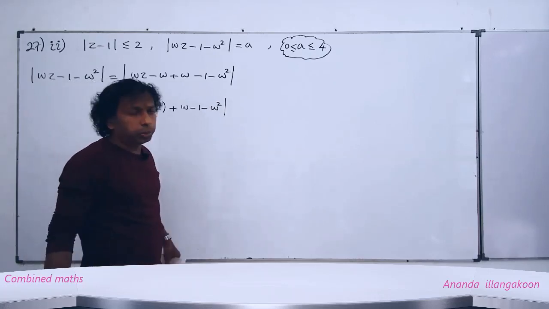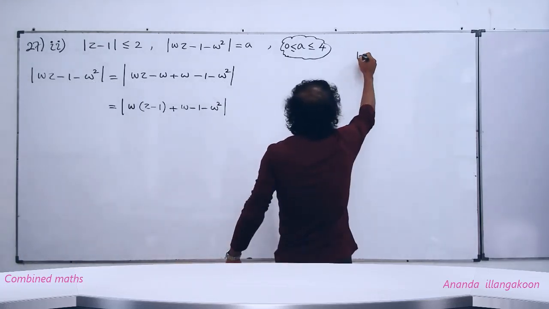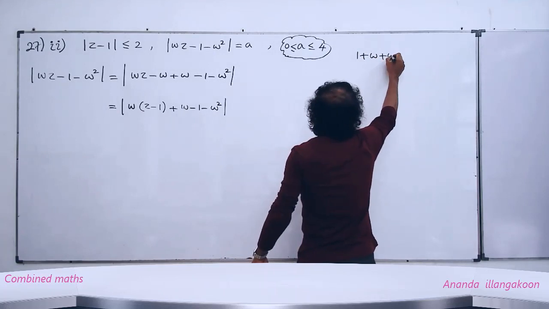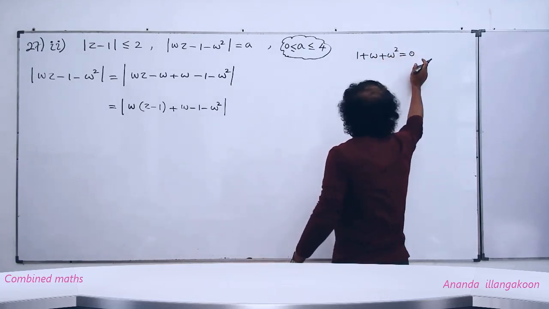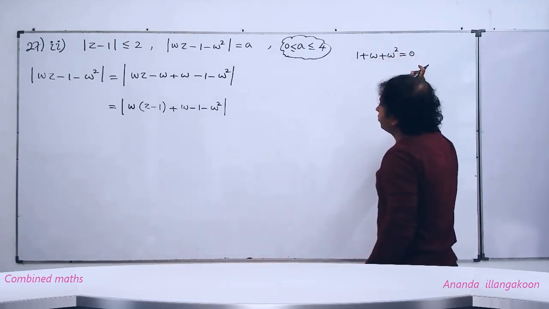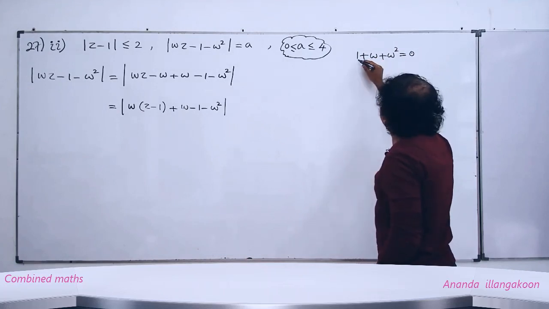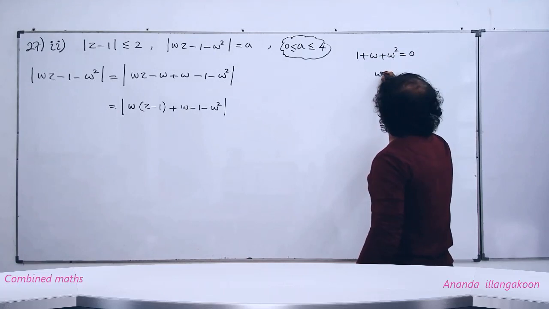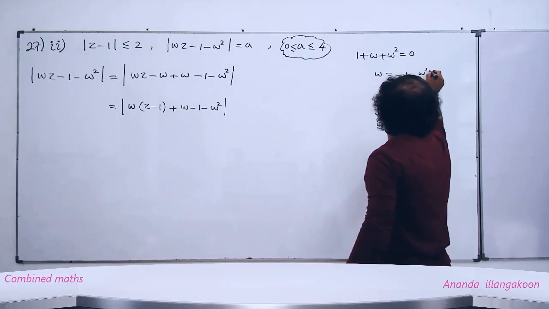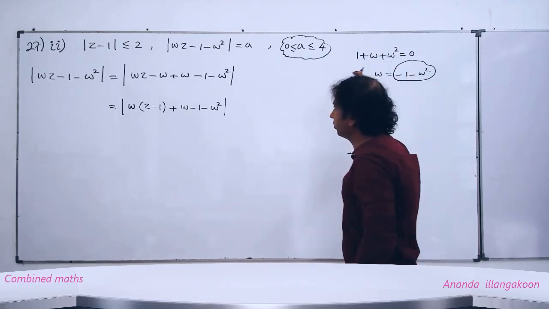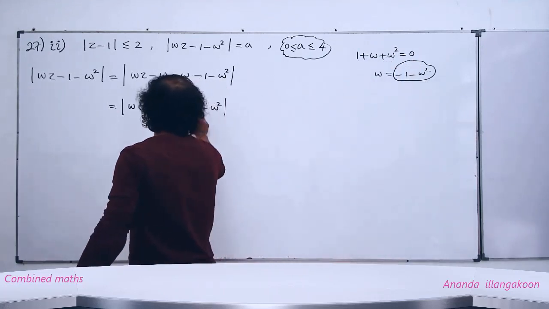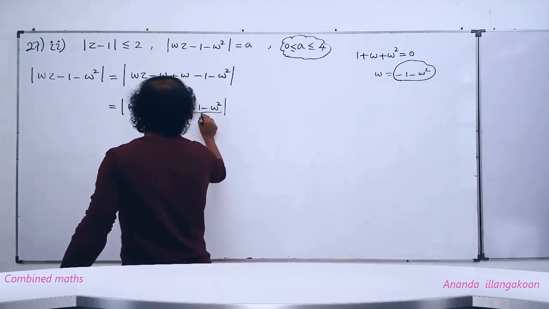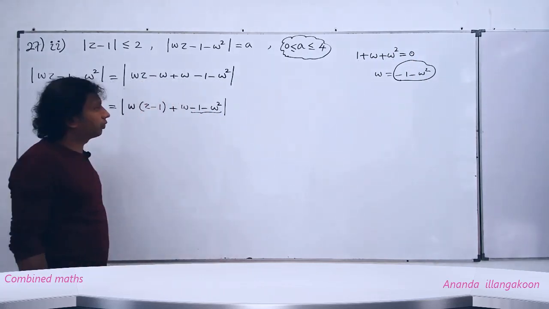Well, you know, 1 plus omega plus omega squared is 0. We proved that. Then I can take the 1 and the omega squared to the right hand side. Then we get minus 1 minus omega squared, which is omega.